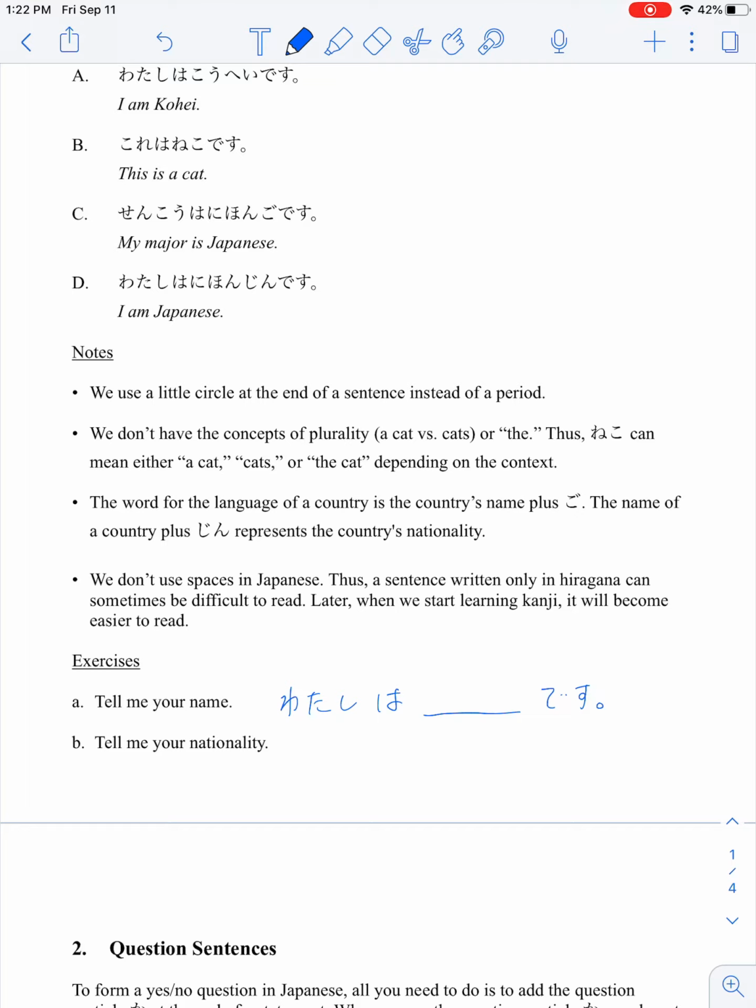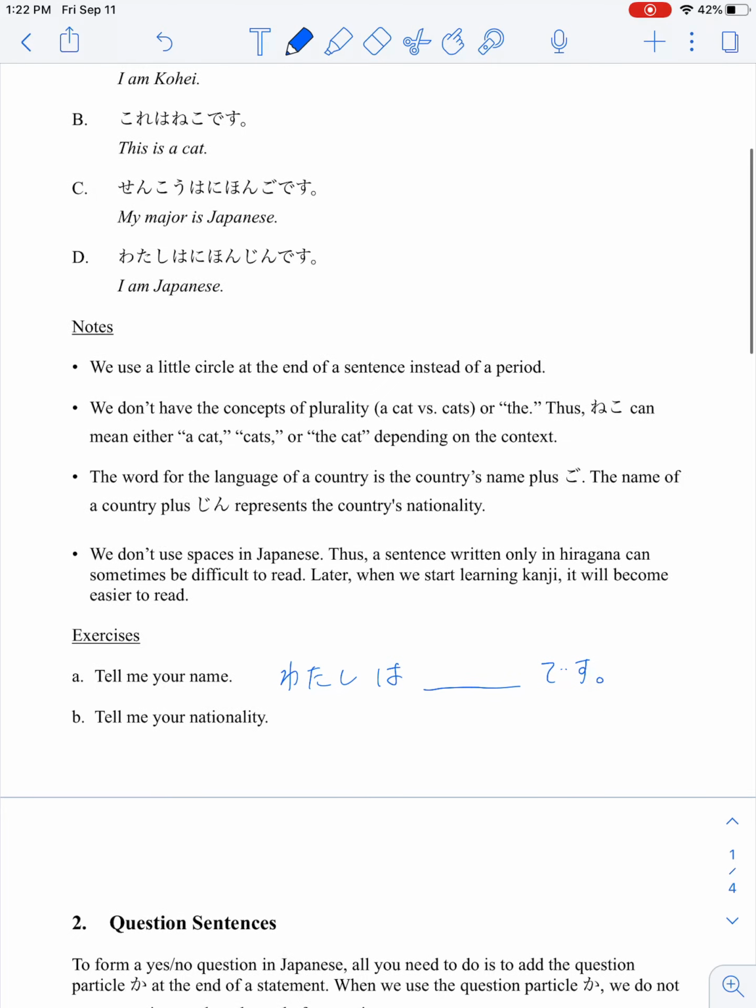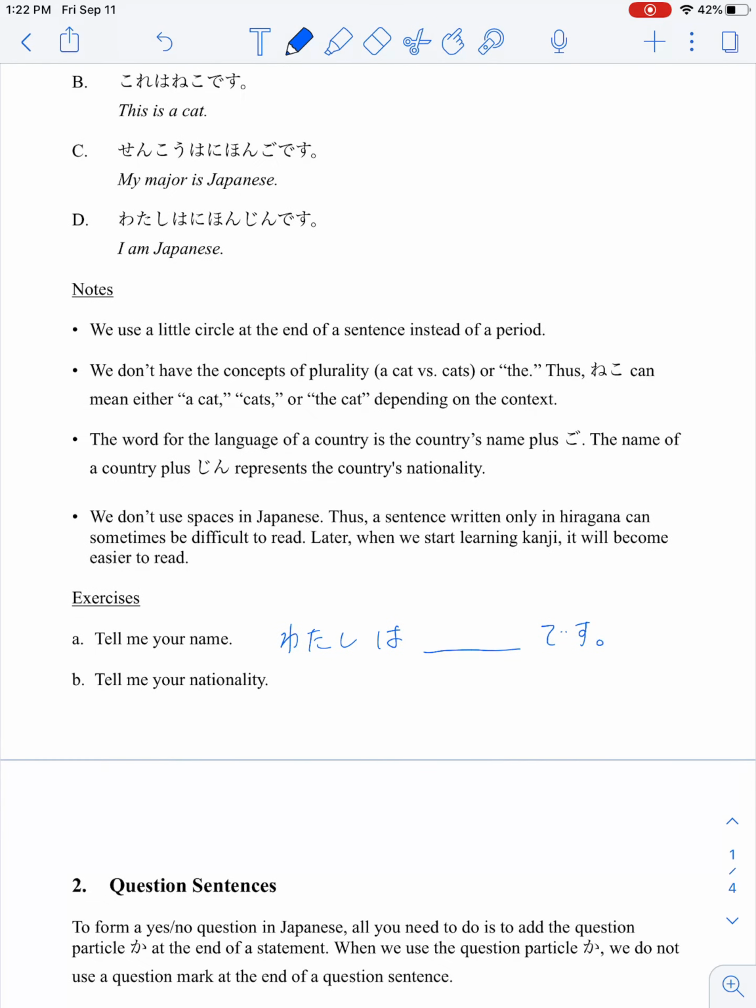B. How to tell your nationality. Watashi wa, and here goes your home country, and jin desu.